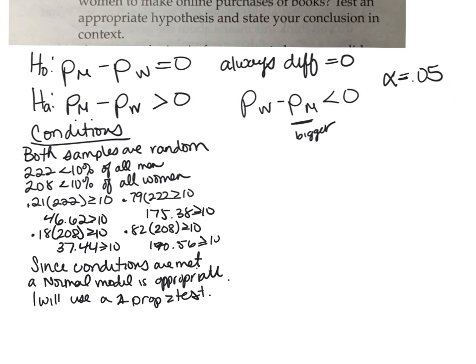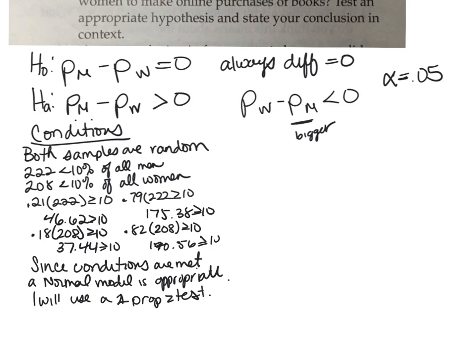Okay, so we're either going to do this by hand or in the calculator. Which one do you want to do? Calculator's fine? Okay, this one definitely, the calculator is easier to use, because by hand you have to calculate p-hat pooled, then you have to calculate standard error pooled, and then you have to use that, and it's a lot more work, right?